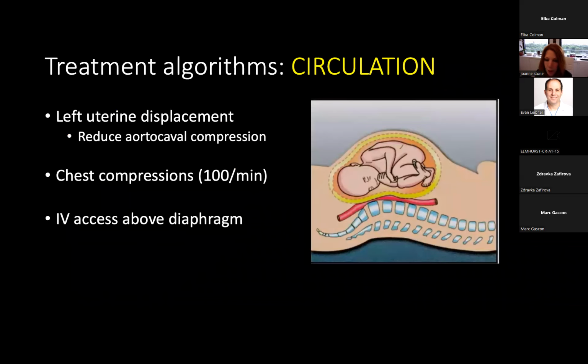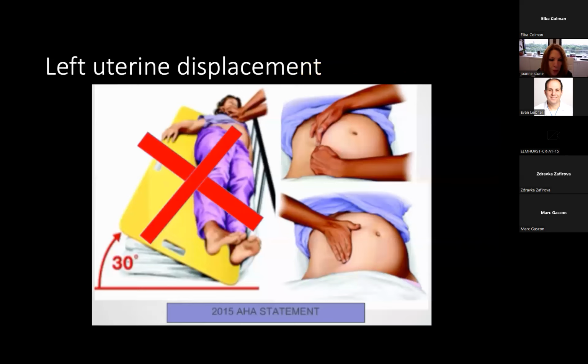Doing chest compressions at least 100 per minute, and getting IV access above the diaphragm. Always important to not interrupt chest compressions during the resuscitation. The old approach was getting a board to tilt the patient. Now manual displacement of the uterus is recommended. It's much easier to do than getting the board, and it seems to work better.